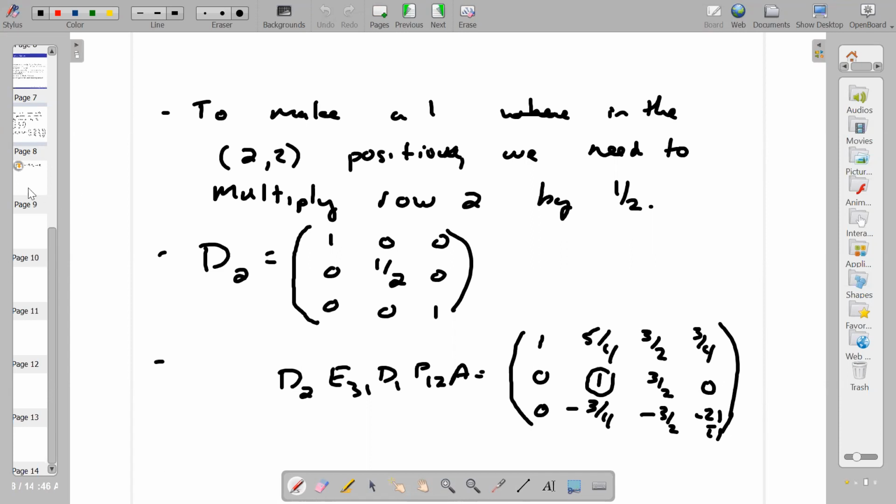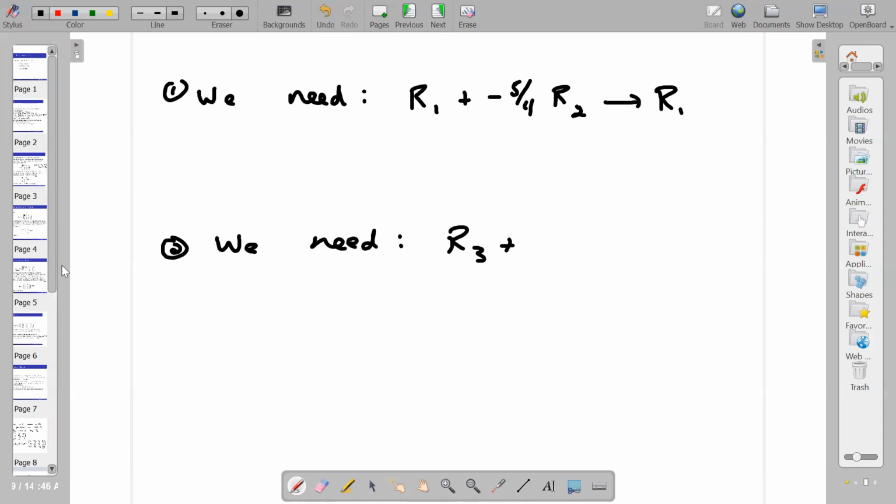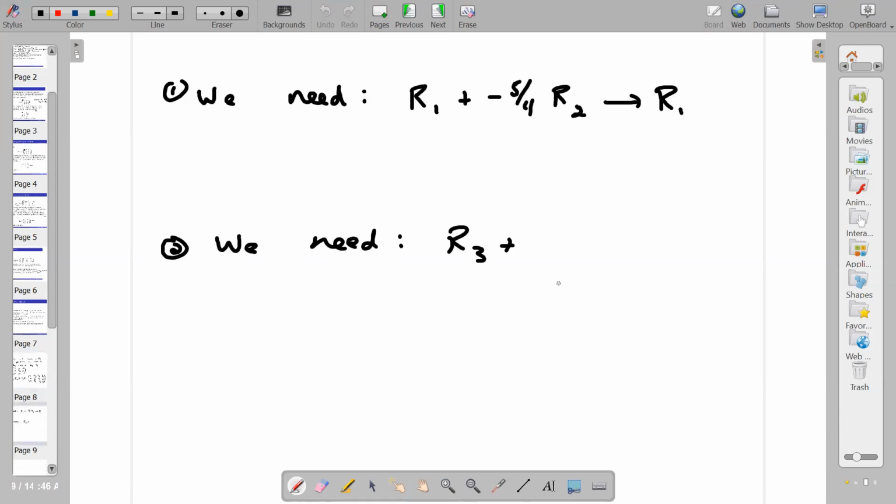To eliminate the 5/4, the row operation that you need, we might have written down yesterday, is something like this. So we take row 1 plus -5/4 row 2, and you replace row 1 with that. The second row operation that we need is to take row 3 plus 3/4 row 2, and replace row 3.